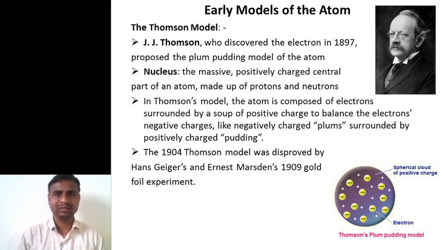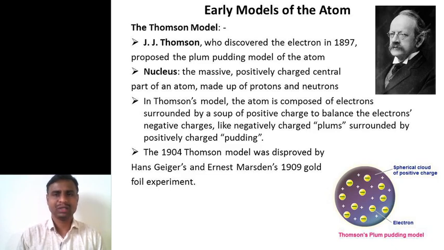The watermelon has lots of seeds, and these seeds are randomly distributed throughout the volume of the watermelon. The plum pudding model is exactly similar. The seeds are correlated with the electrons, and the red part of the watermelon is the positively charged part.